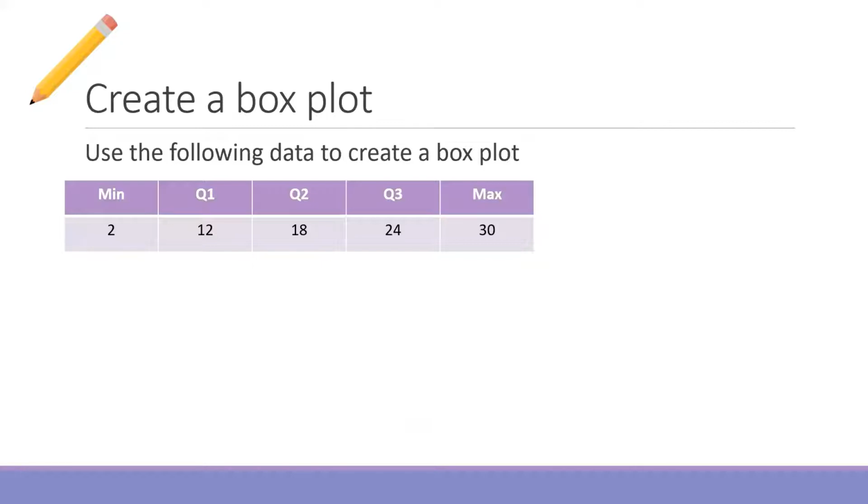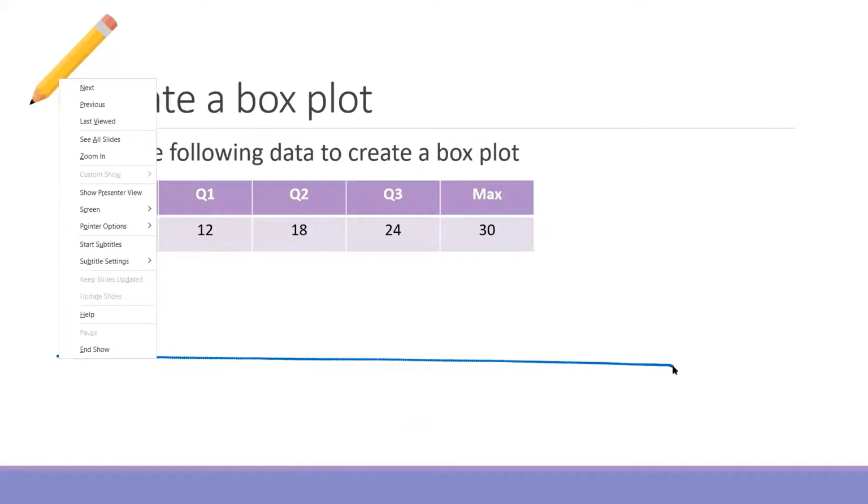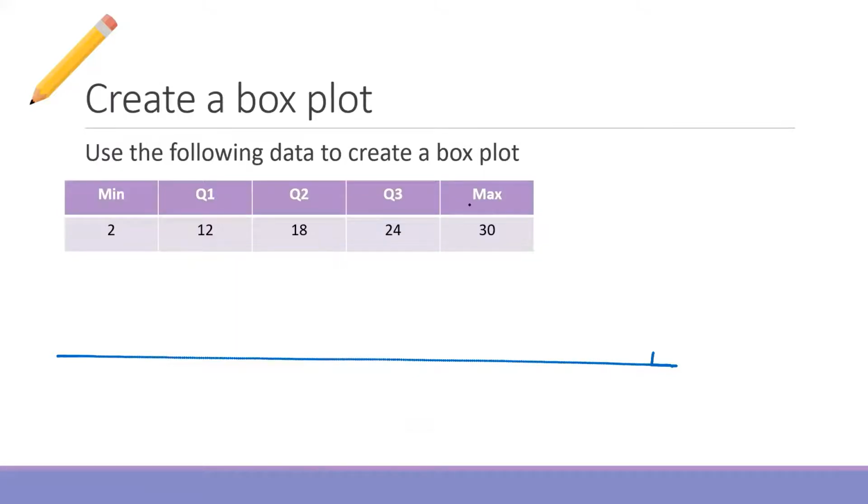So how are we going to do this? We're going to do this like so. Okay, I'm going to draw a line. For me, because I've got a lot of space here, I'm actually going to draw a line that's going to be 20 centimeters long. Okay, maybe a little more than 20, but that's fine.